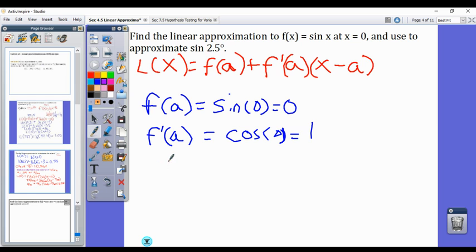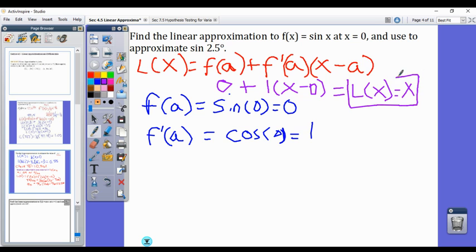So f of a was 0, f prime of a was 1 times x minus 0. So that's giving me a linear approximation of x.